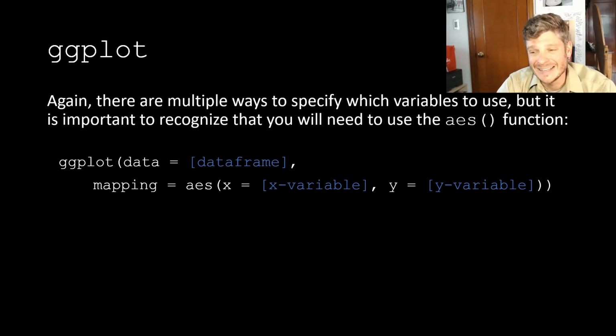So our mapping equals, and then again, inside that aes, which is our aesthetic, that's our aesthetic right there, which is its own function. We have another set of parentheses, and then x equals, and then you're going to type what your x variable is. Now, you're going to be looking at your variables or your columns, right? That's tidy data. So your x variable is actually going to be your column name. We're in like column 1. And then again, we need to separate our ideas with a comma.